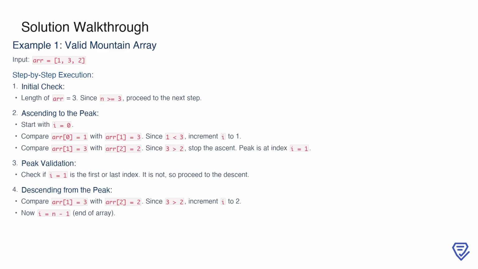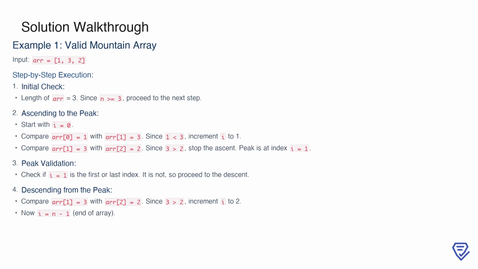To understand how to determine if an array is a valid mountain array, let's start with example 1, where the input is 1, 3, 2. First, we check the length of the array, which is 3. Since the length is at least 3, we can continue with the process. Next, we begin ascending to the peak. Starting at index 0, we compare arr[0], which is 1, with arr[1], which is 3.